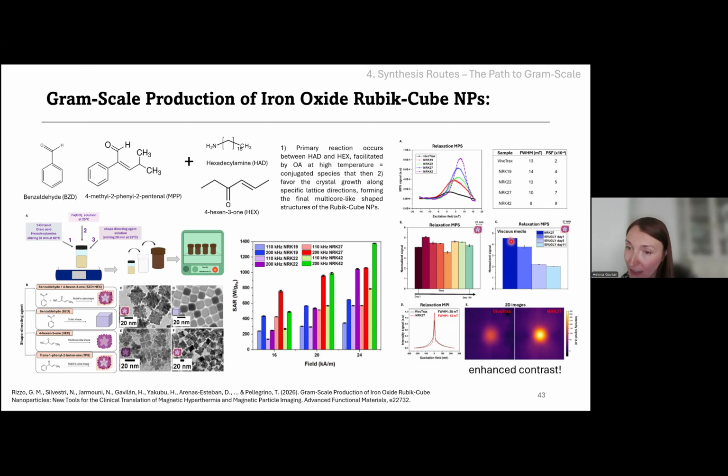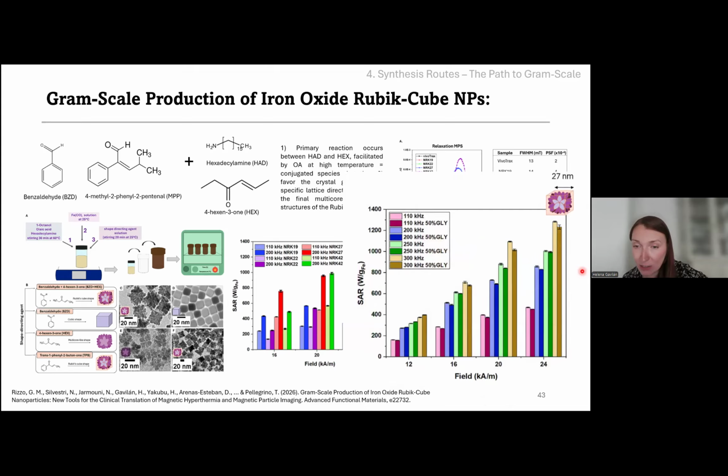We see that there is a decrease, which was studied over 11 days. Very interesting, in the case of the 27 nm Rubik-like particles, we studied the SAR also at 110 kilohertz, 200, 250 and 300 kilohertz when dispersed in water or in 50% glycerol, so a high concentration of glycerol, very viscous. And we could have really high values even when dispersed in glycerol.